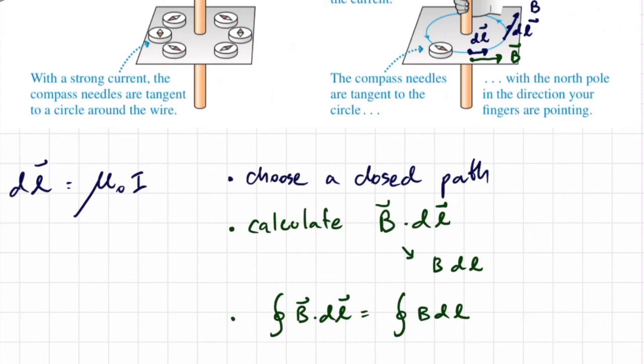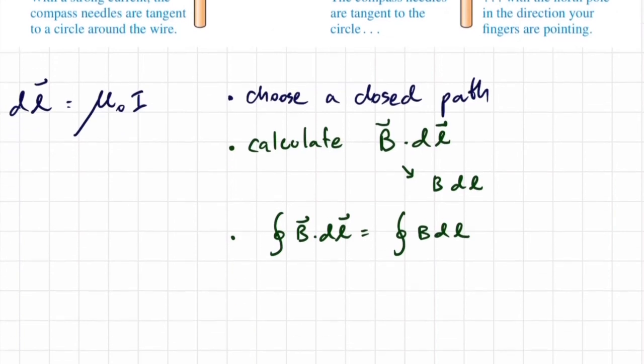That makes the integral really easy because the magnitude of the magnetic field is a constant.